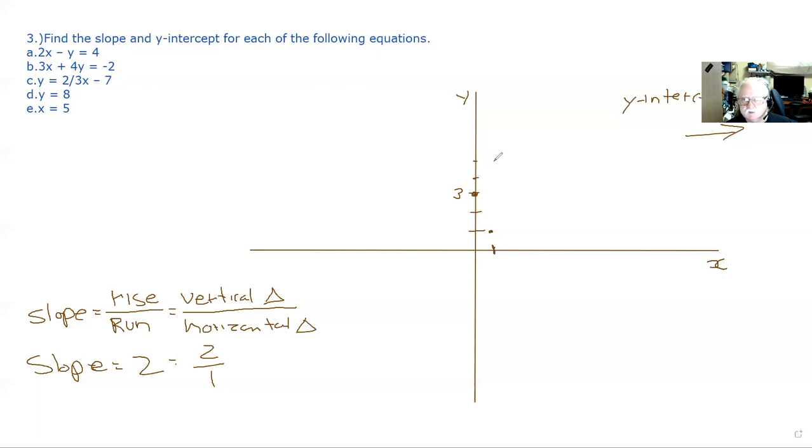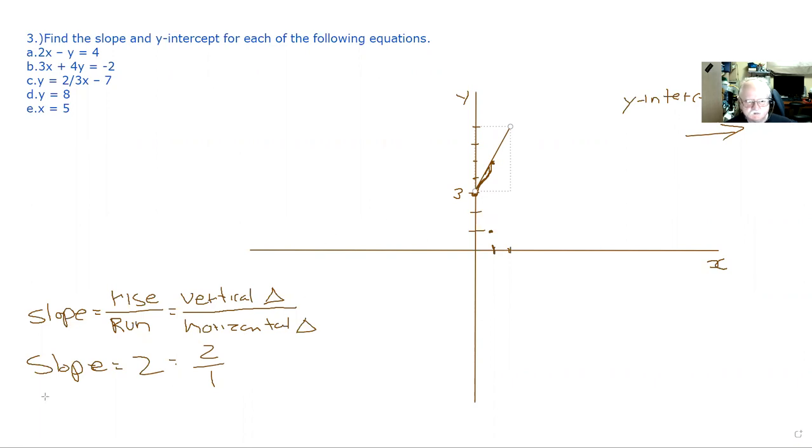It would go up 2, a positive 2. And if it went over another 1, it would go up another 2. Be better if I actually got a straight line here. So that's what a slope of 2 would be.